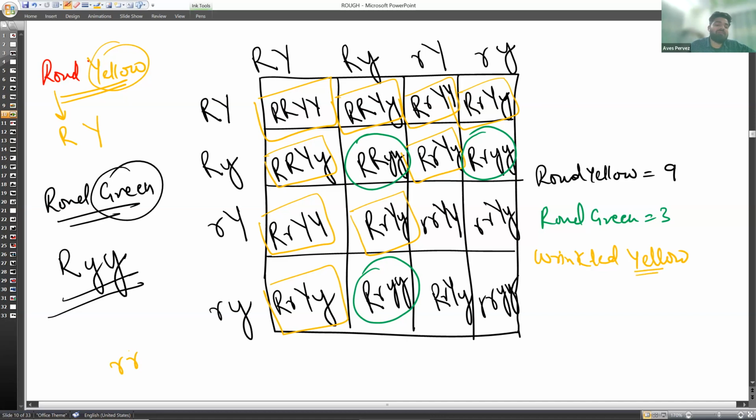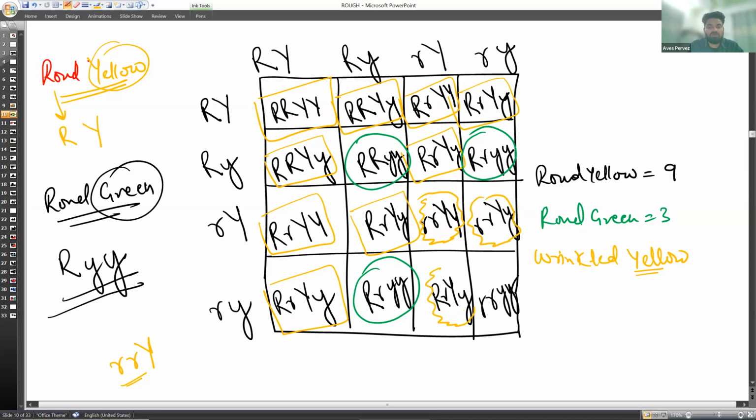If there is one capital Y, then it's okay. Both small r and one capital Y will give you wrinkled yellow. So this is wrinkled yellow.